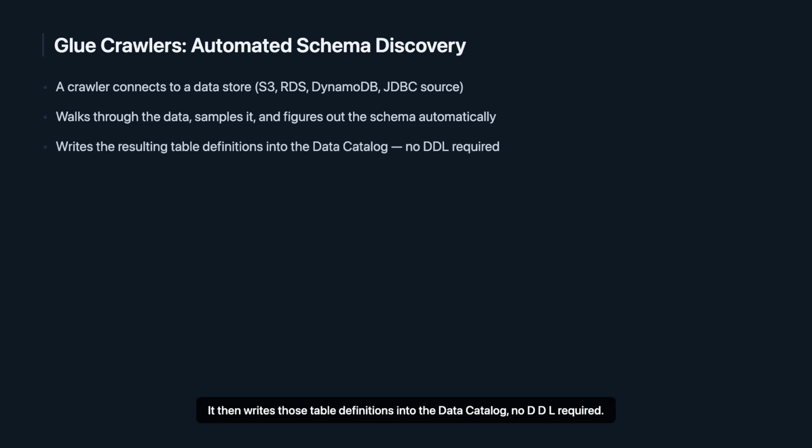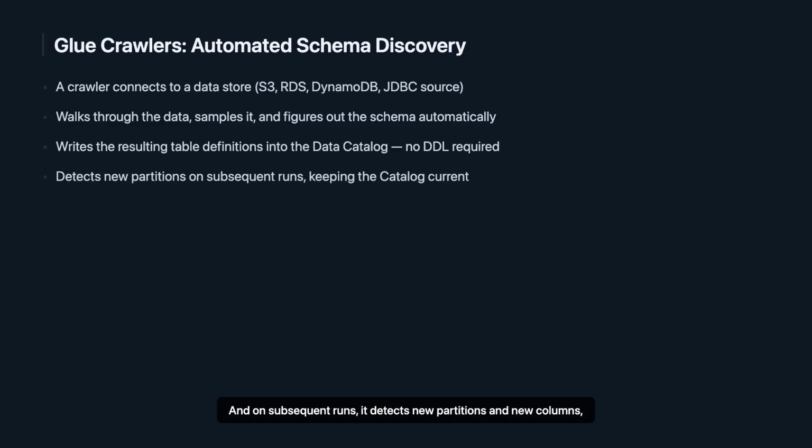It then writes those table definitions into the data catalog, no DDL required. And on subsequent runs, it detects new partitions and new columns, keeping the catalog current as your data evolves.